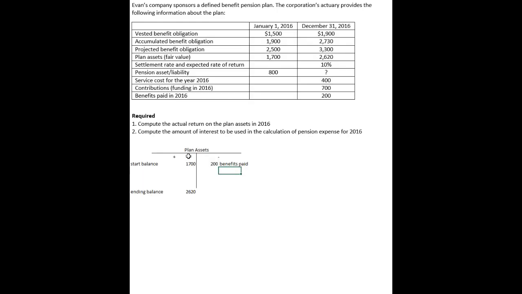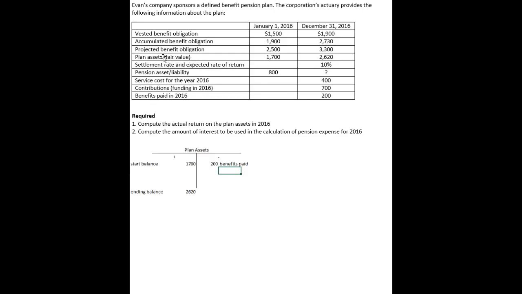Okay, now the other question is, is there anything else that would change the plan assets other than the actual return? The answer is yes, because companies make periodic payments or contributions to the plan assets so that there's enough funding in that account to pay their future obligations, and there are rules that regulate how much you have to pay and what minimum amounts you have to have contributed.